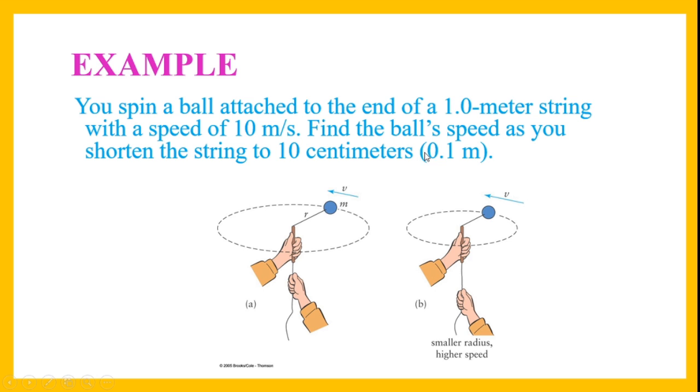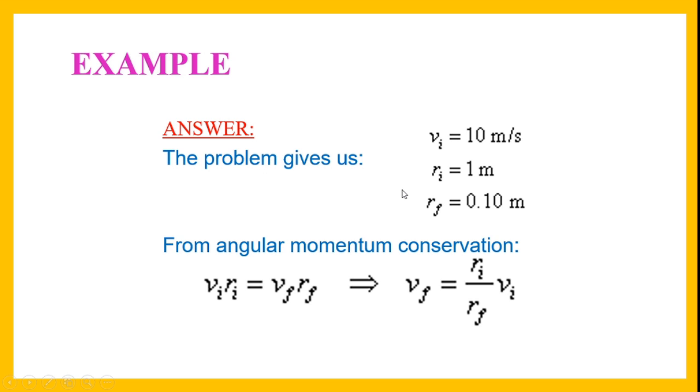Initially Ri is 1 meter and speed Vi is 10 meters per second. In the second case, the same ball's radius Rf is 0.1 meter, and we have to find out the final velocity, that is Vf.